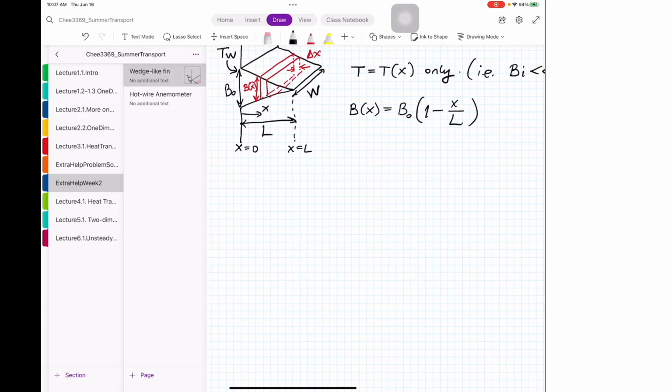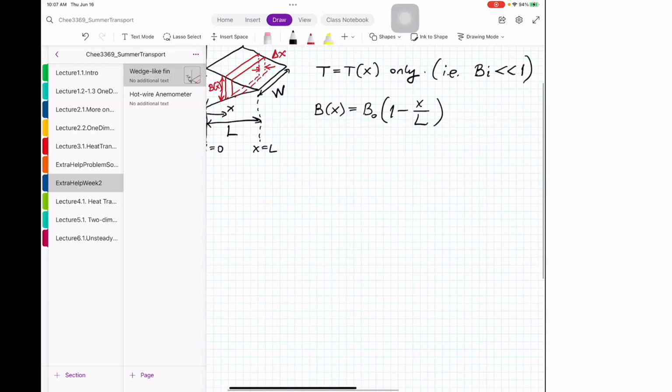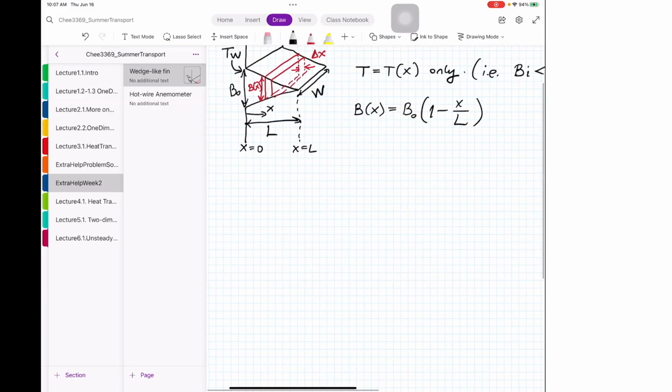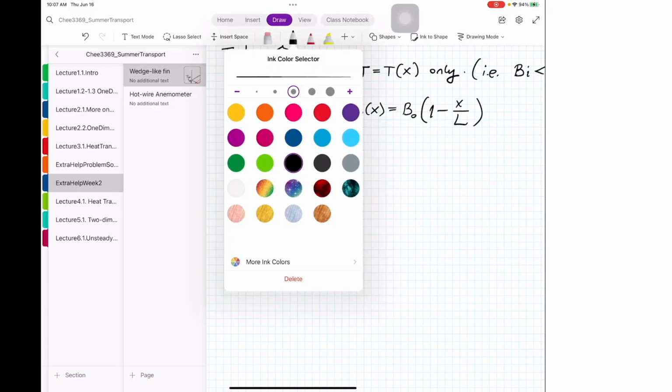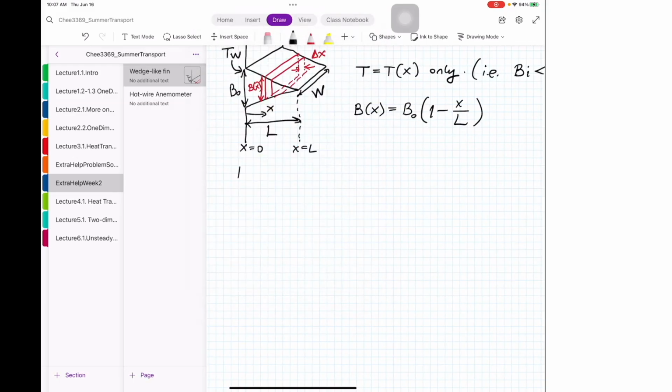Let's try this one. If x is equal to 0, you get b0. That's correct. If x is equal to L, you get 0. Okay, that makes sense. So you can model b of x as a linear function of x. Now we can do the shell balance. Whatever goes in minus whatever goes out plus generation is equal to accumulation.